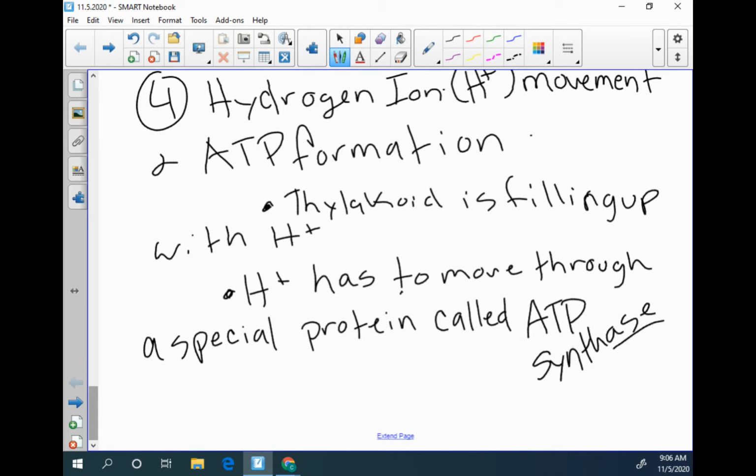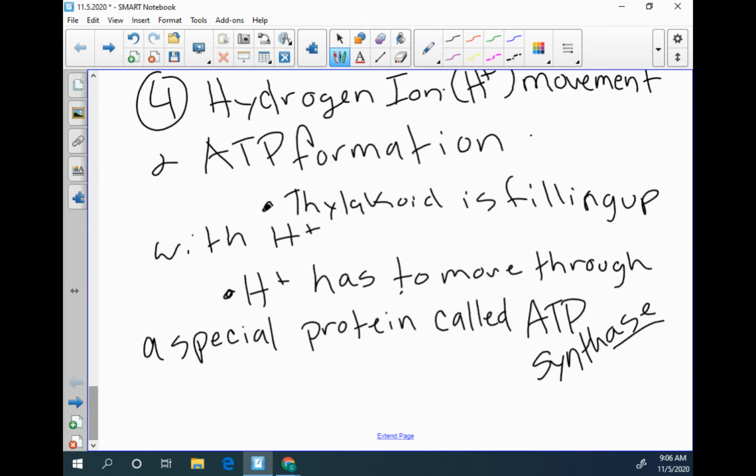If it ends in ase, that means it is an enzyme. So it will catalyze a reaction.